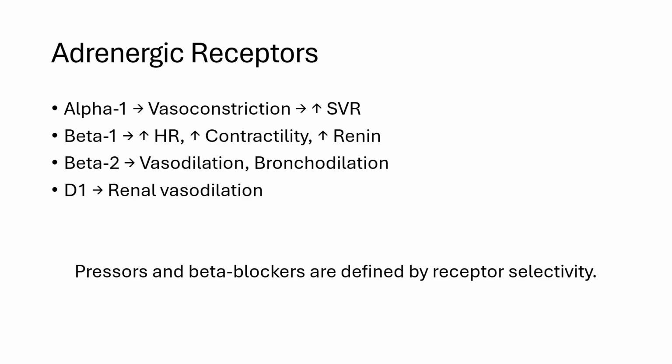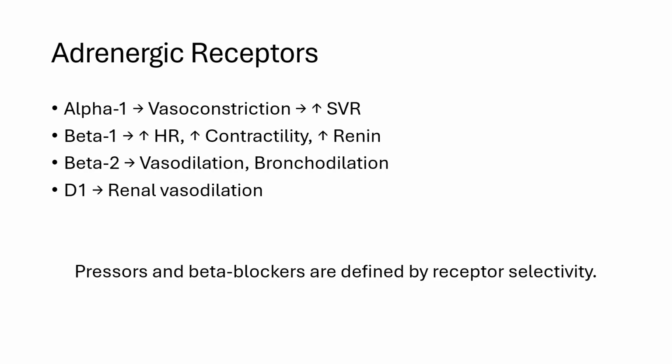So alpha-1 receptors are located primarily on vascular smooth muscle. When stimulated, they cause vasoconstriction, and this increases systemic vascular resistance. So any drug that activates alpha-1 will raise blood pressure. Any drug that blocks alpha-1 will lower it.